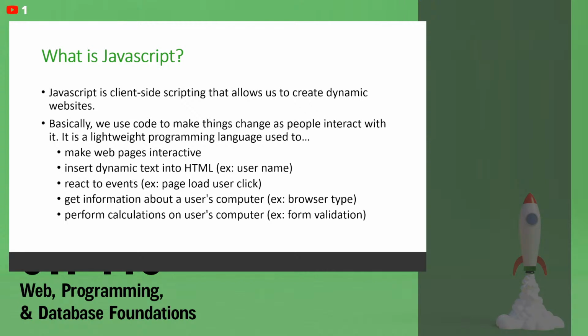We can get information about a user's computer. For example, what type of browser they're using or different things, right? And again, this is not a safety and security issue at this level when we're looking at information about a user's computer, because this is all client side. This is all front end, right? So this is just collecting information on the user's computer about the user's computer that's only going to be used on that user's computer.